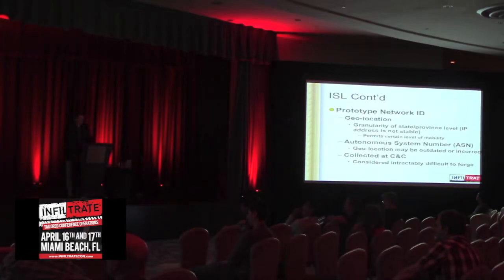We'll also determine the corresponding autonomous system number, as sometimes geolocation information, geo-IP information, may be outdated or non-existent. And as the network ID components are collected at the command and control, we believe that they cannot be forged, unless, of course, you can guess or effectively spoof sequence numbers in TCP.